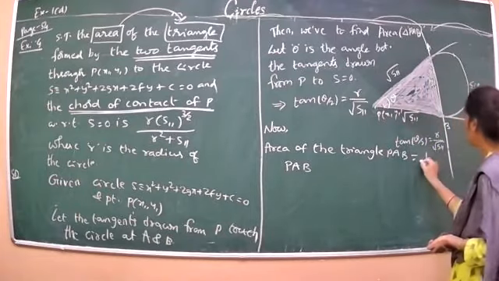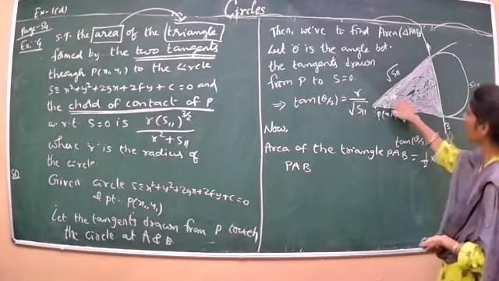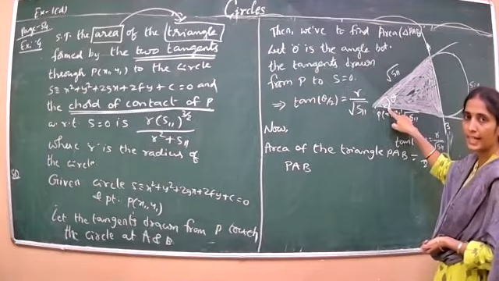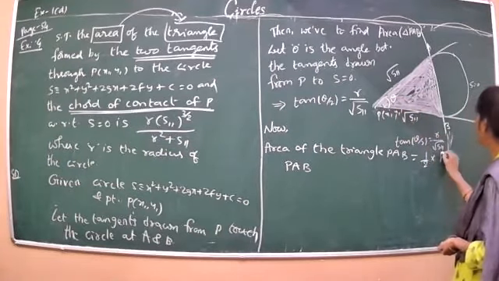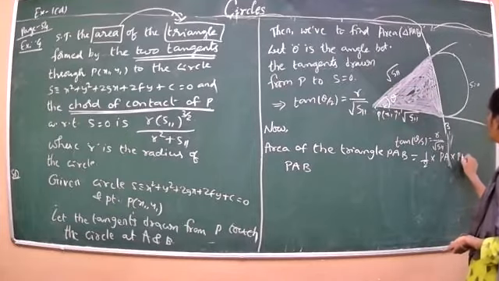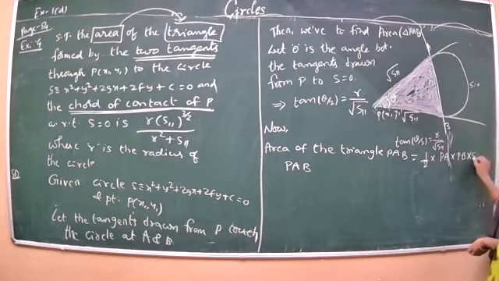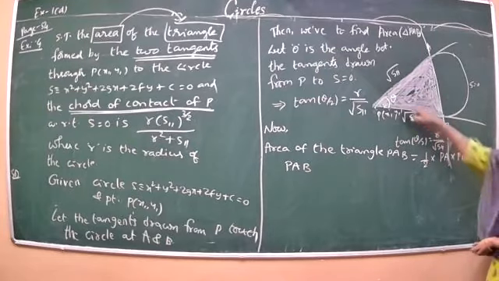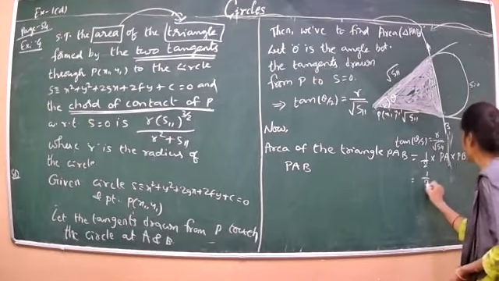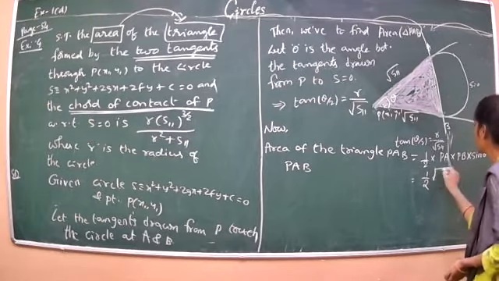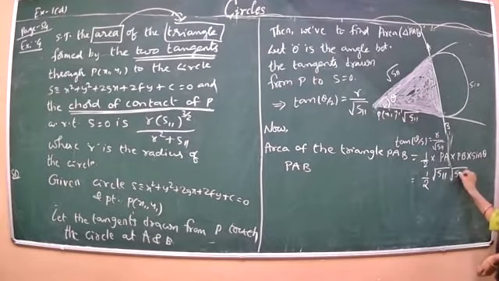If you know the lengths of two sides and the included angle between them, then the area is half PA into PB into sine theta, where the angle between PA and PB is theta. What is PA, children? Length of the tangent, root S11. What is PB? Also root S11.